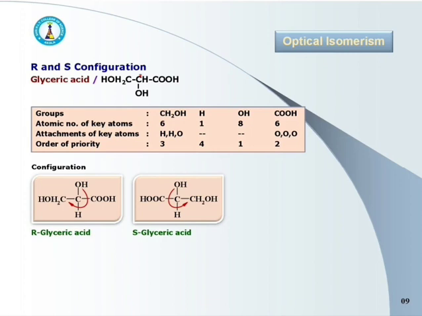Priority order: OH first, COOH second, CH2OH third, and hydrogen fourth priority. In the first structure, priority of other groups decreases in clockwise direction and hence it is R-glyceric acid. Whereas in the second structure, priority of groups decreases in anticlockwise direction and so it is S-glyceric acid.